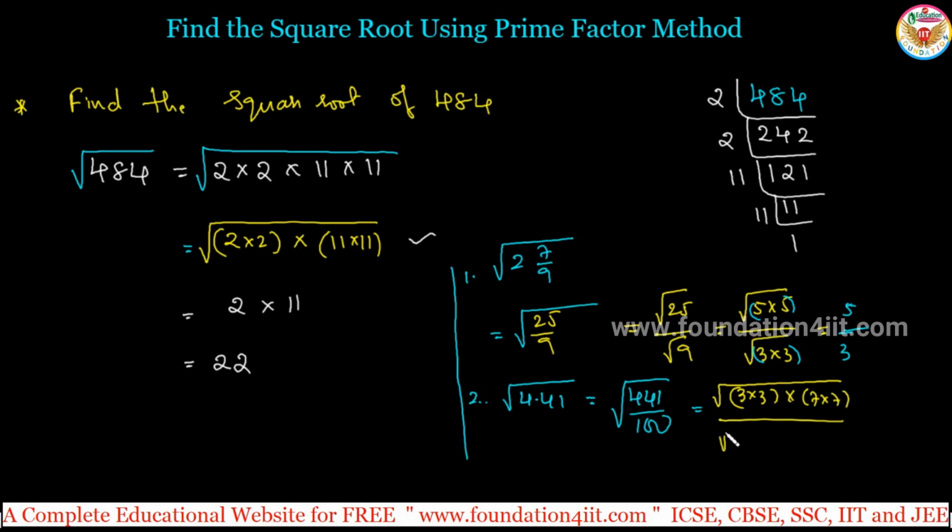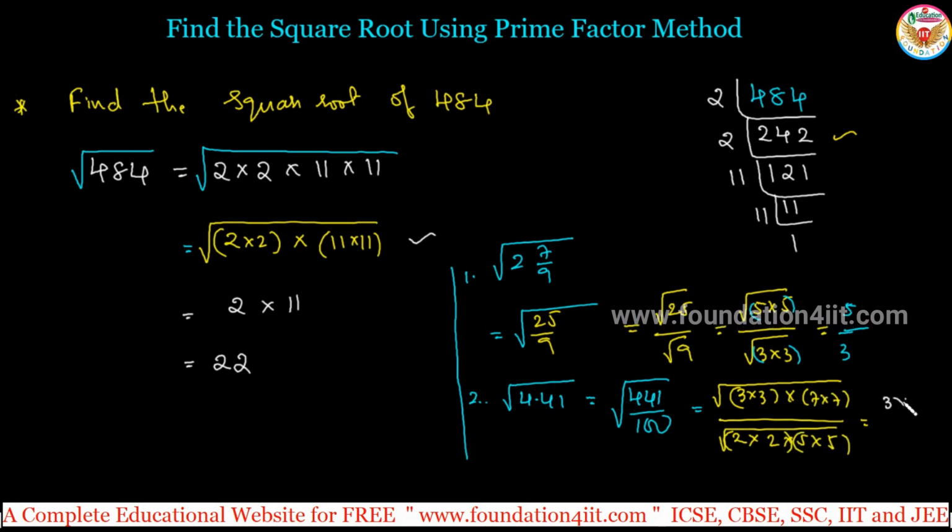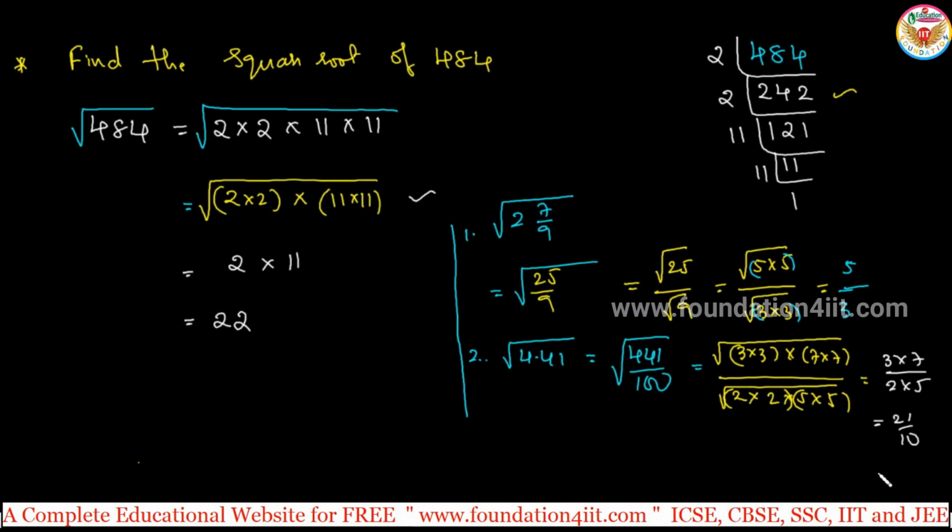And for the square root of 100, using the same prime factorization method, you get 2 into 2 into 5 into 5. Because of these two sets, if you take one from each, 3 into 7 by 2 into 5, 3 sevens are 21, so 21 by 10. That is 2.1. So the square root of 4.41 is 2.1.